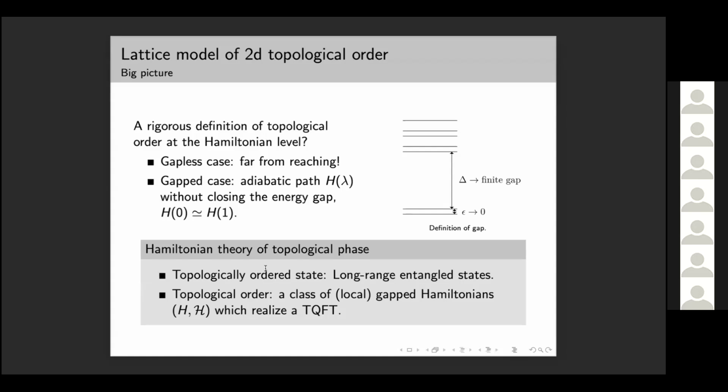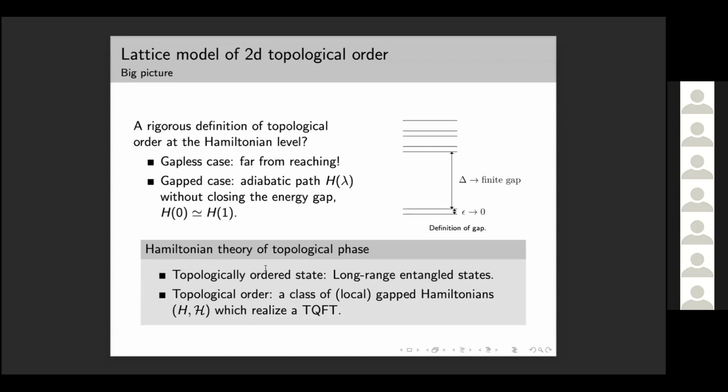If two Hamiltonians are connected by such an adiabatic path, we say that they are equivalent to each other.